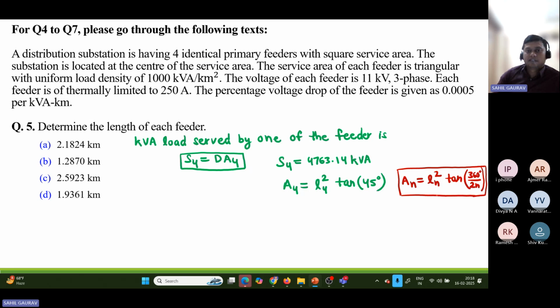You just have to find L4, the length of each feeder.